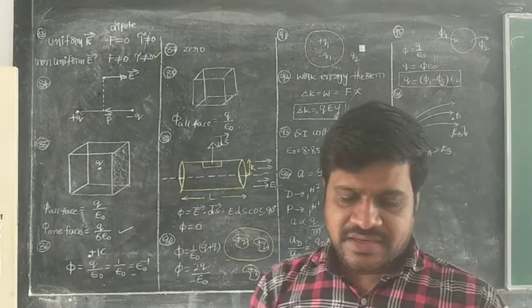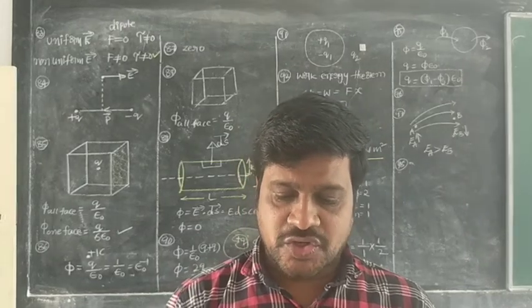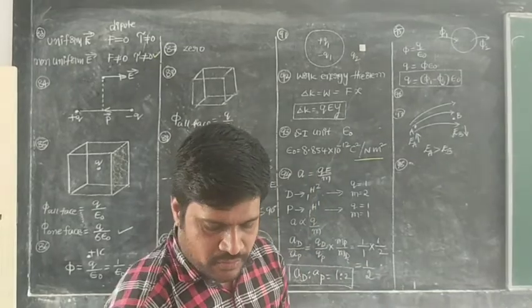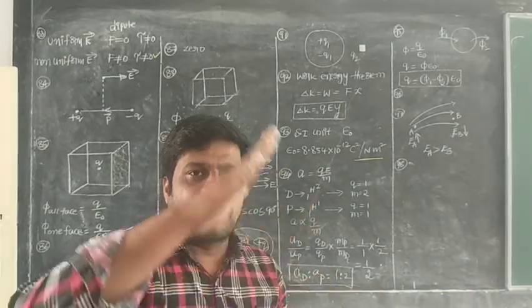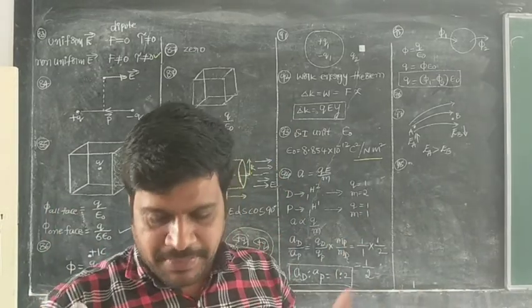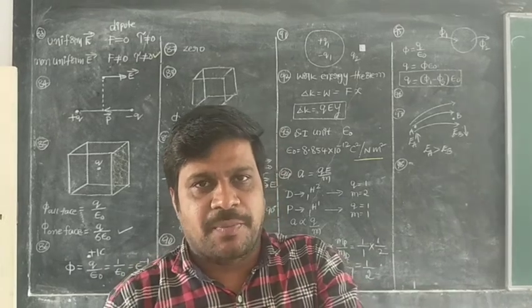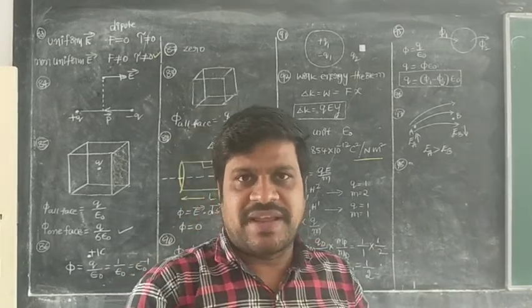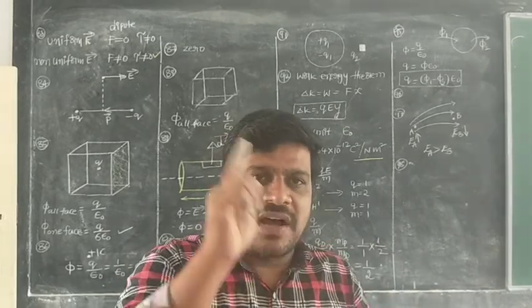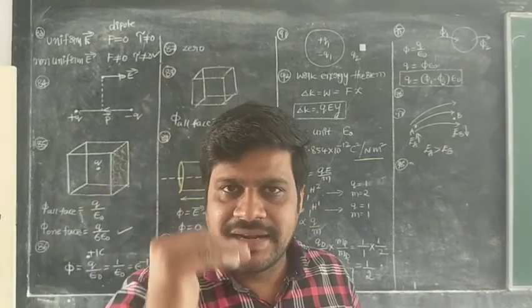When a body is charged by rubbing, its weight changes. On rubbing one body with another body, one body is positively charged, another body is negatively charged. But in the question they didn't mention whether it is charged positively or negatively. When it is positively charged, its weight slightly decreases.